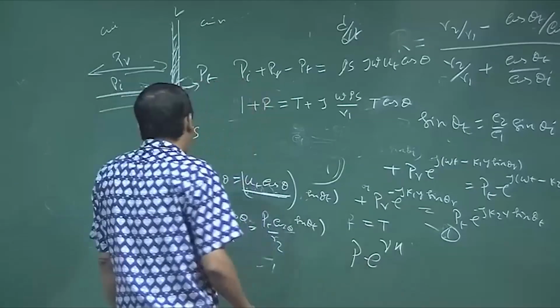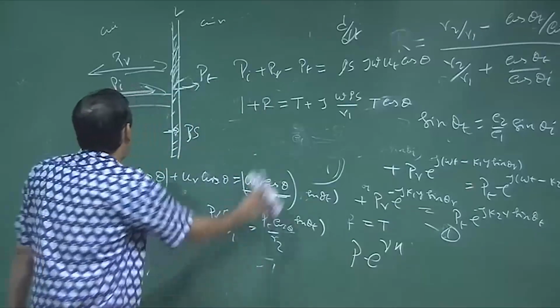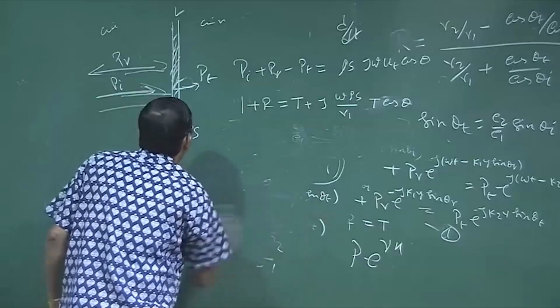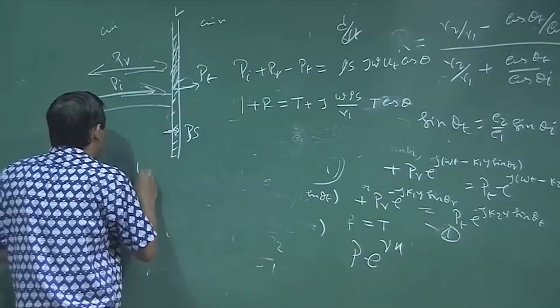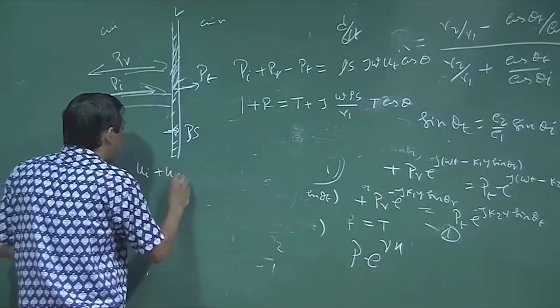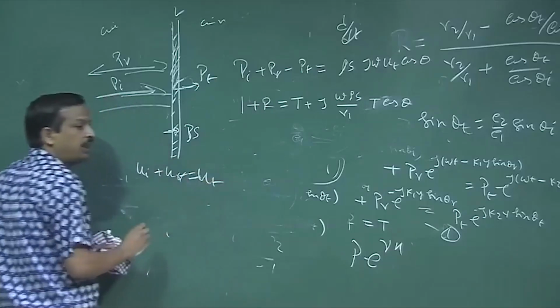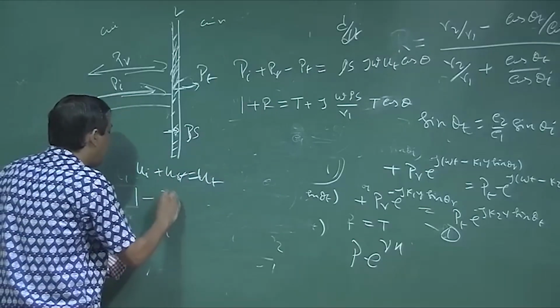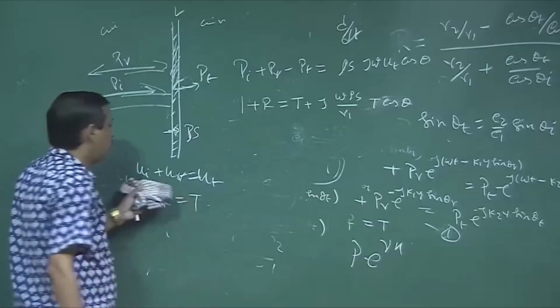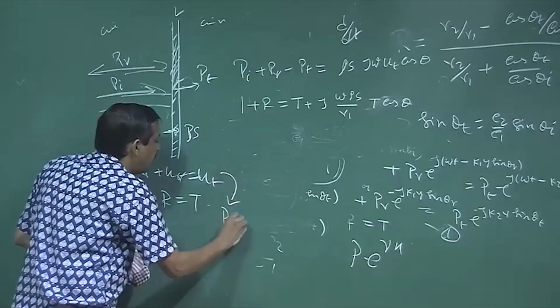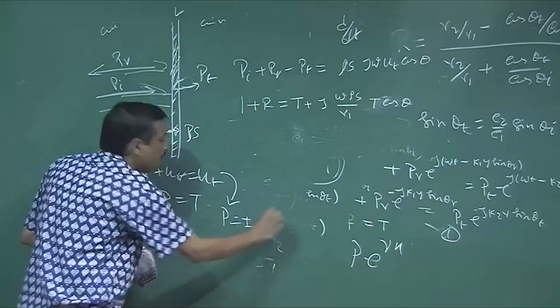Or I can say the normal component, generally Ui plus Ur is equal to Ut. So, I can say 1 minus R is equal to T from this equation, putting P equal to plus or minus U R.